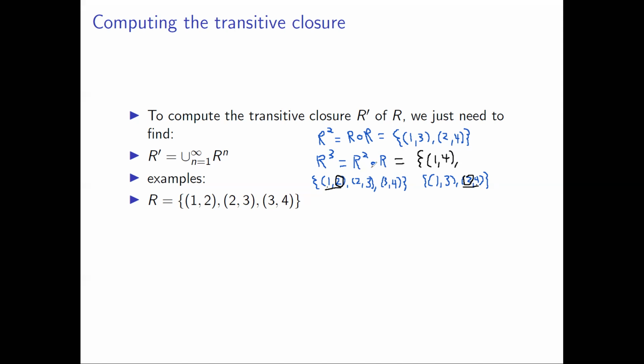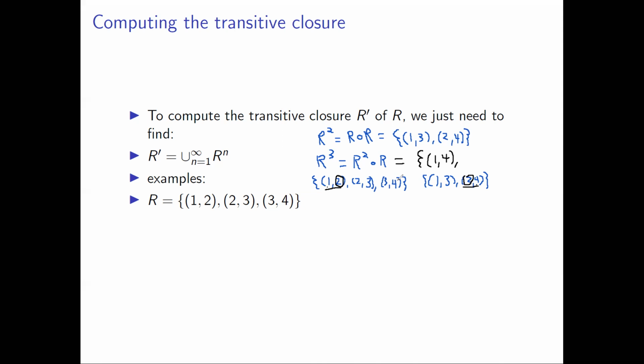Okay, now we'll go on to a different color. The 2, 3 right here. So this 2, 3, there is a 3 as a second term, and nothing in the r squared begins with 3. So can't make anything with the 2, 3. Similarly with the 3, 4.